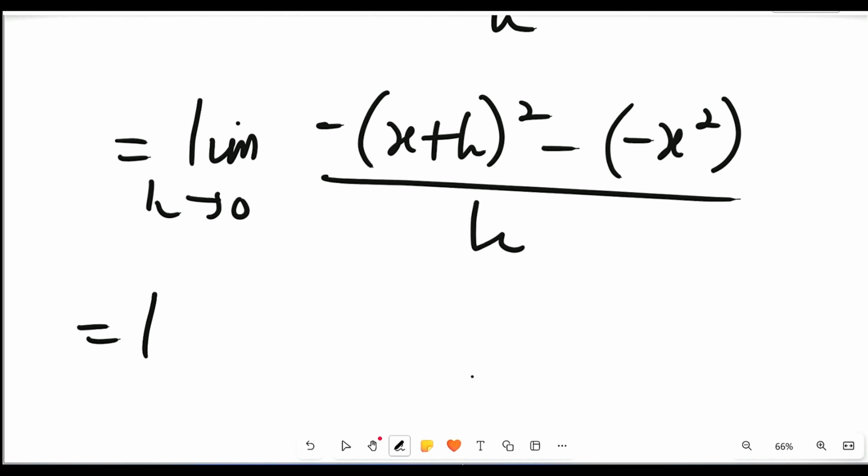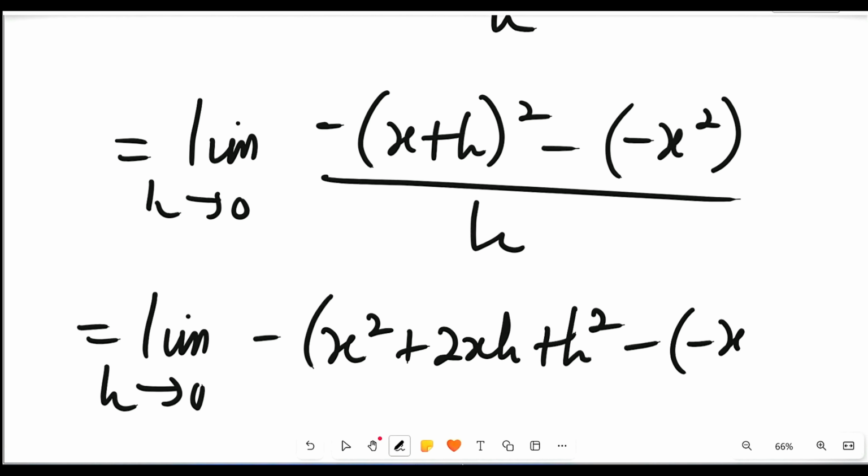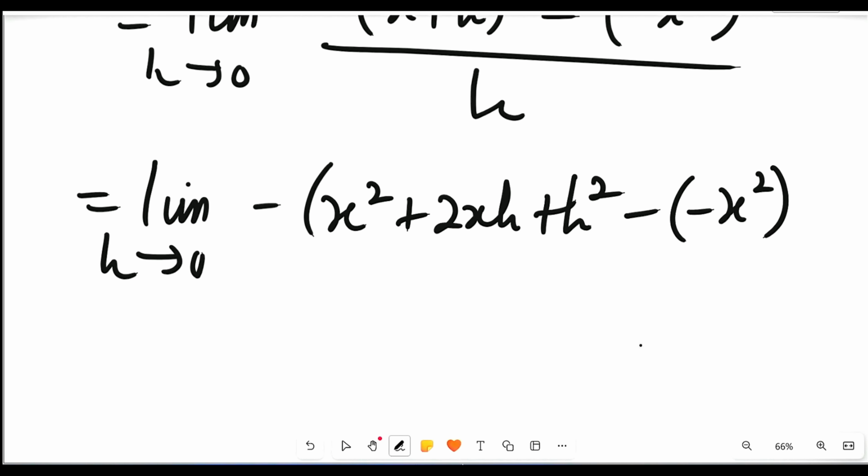We will be getting the limit as h approaches 0. So for the first bracket where we have x plus h all squared, that's a perfect square. So we maintain our negative outside, and whatever we get in the bracket, we use the negative one to expand it. So we have x squared plus 2xh plus h squared, minus negative x squared in bracket, nicely. Let me close this bracket, all divided by h.